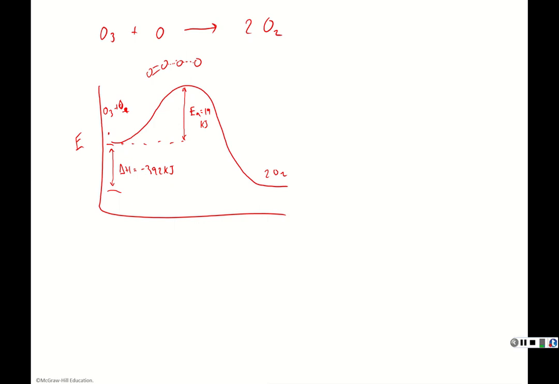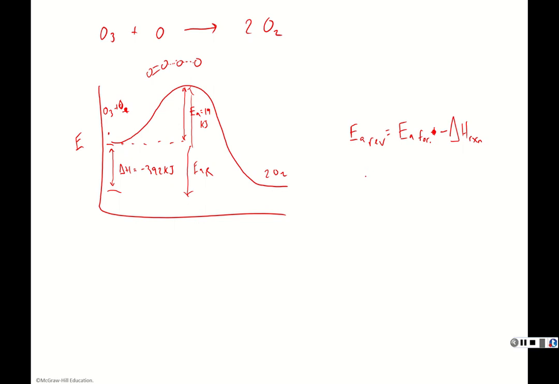And how do we calculate the activation energy for the reverse reaction? Well, you can see from this diagram, the reverse activation energy is just going to be the activation energy of the forward plus the energy of the delta H. So since in this case it's a negative value, we would subtract delta H for the reaction because we're going in the opposite direction.